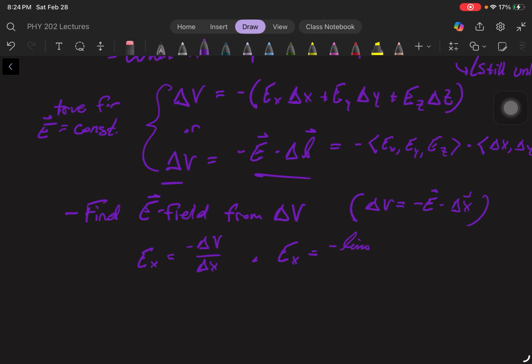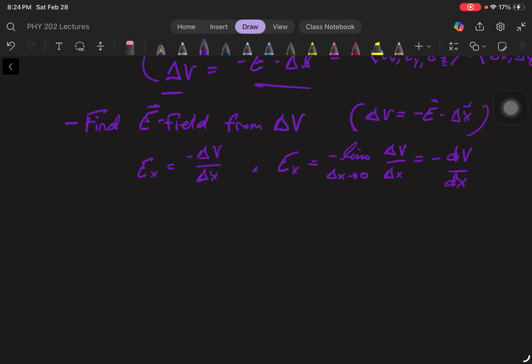Okay, but we could also say E sub x is equal to the negative of the limit as delta x goes to 0 of delta V over delta x. We want some instantaneous electric field. And so that's negative dV dx. And again, we can do this in other dimensions. And so we get E sub x is negative dV dx.